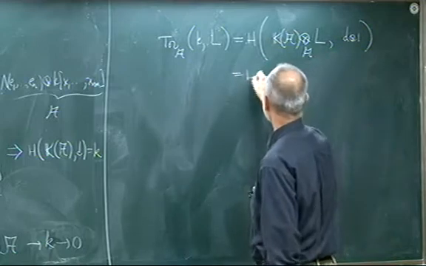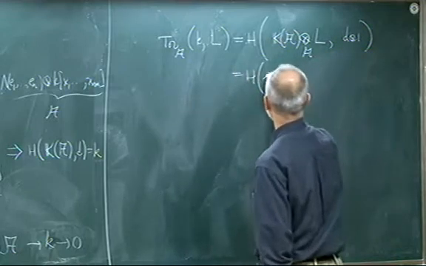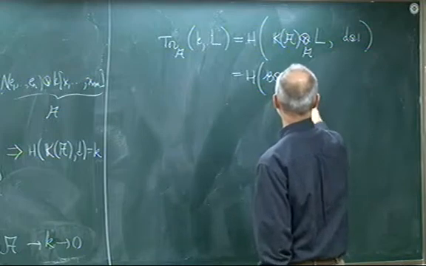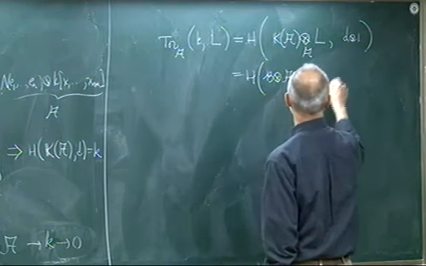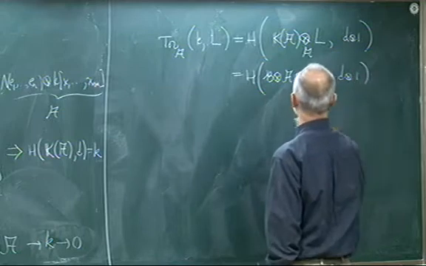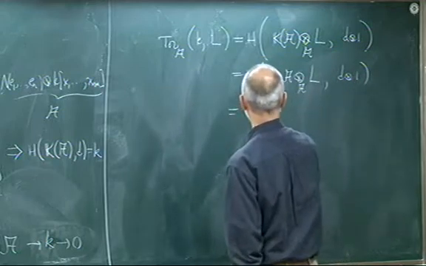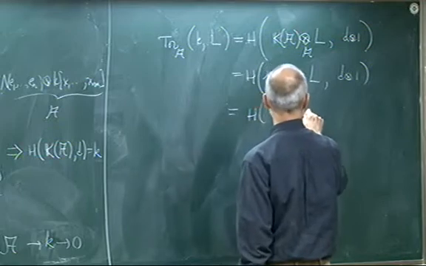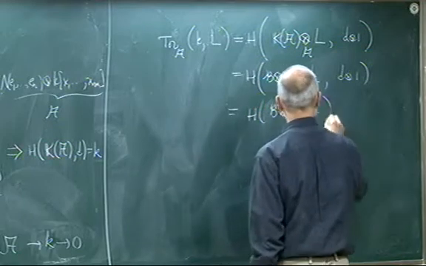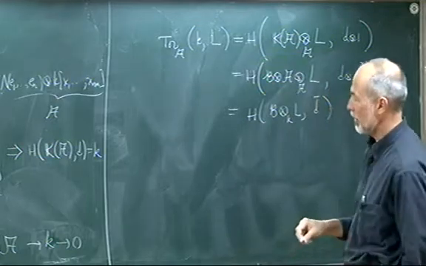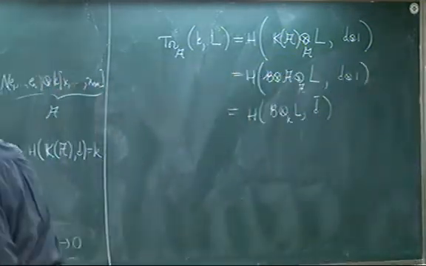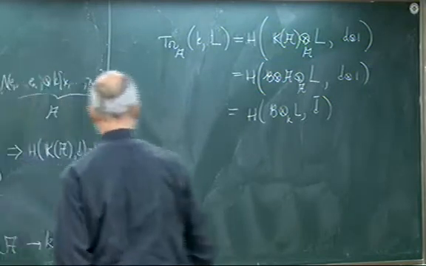And if I rewrite this as B tensor A, tensored over A with L, d tensor 1, then this becomes H of B tensored over K with L, d bar, and d bar can be deduced from this.